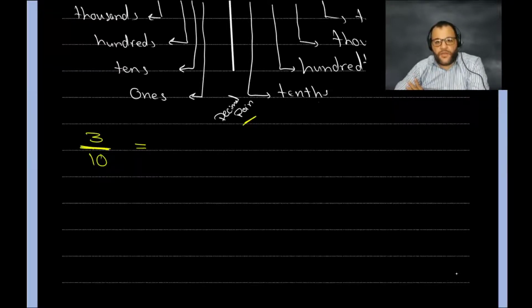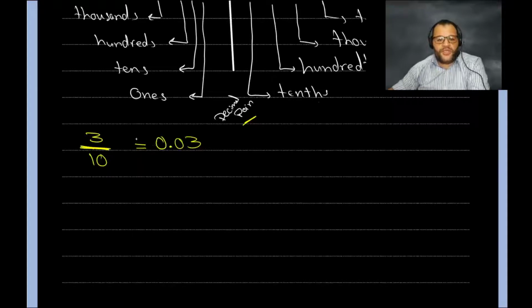I know. So give me the answer. 3, 0, decimal point, and 3. 3, 0, decimal point, and what?